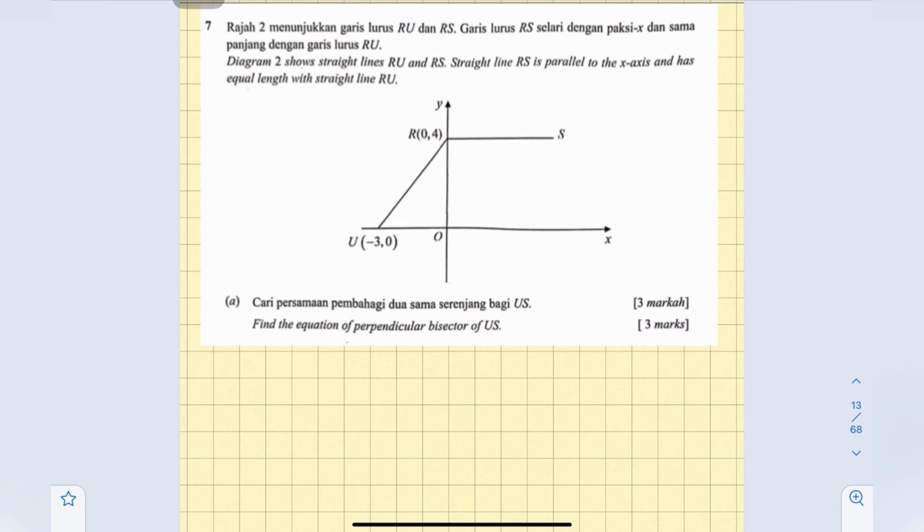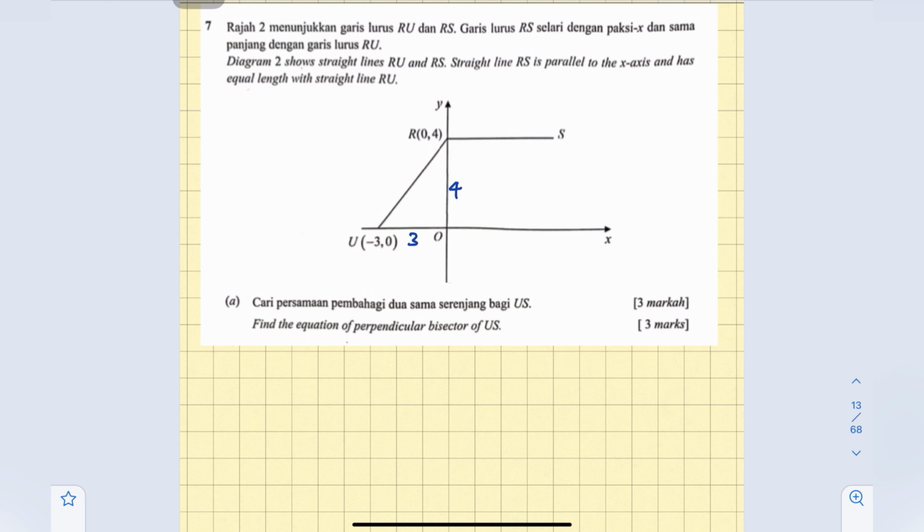Question number 7. Diagram 2 shows straight lines RU and RS. Straight line RS is parallel to the x-axis and has equal length with straight line RU. A, find the equation of the perpendicular bisector of US. Okay, from the diagram, coordinate R is (0, 4). So the length is 4 here. Coordinate U is (-3, 0). So OU is 3 here.